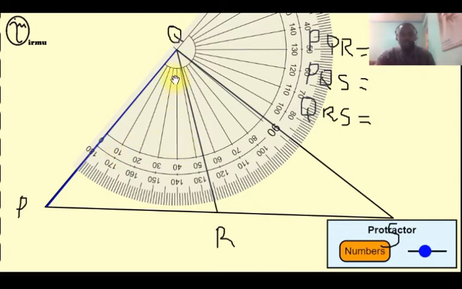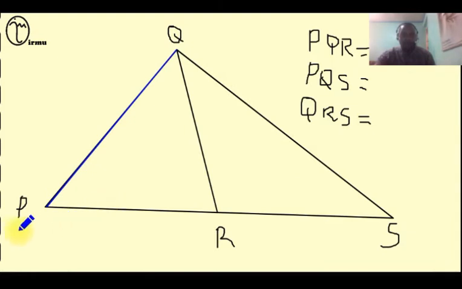So this is not the only way we can measure this angle, so I want to show you the other way. Remember we are measuring angle PQR. So PQR, I identify it again. It is this angle formed from P to Q and then to R. Now this time I want to use QR as the baseline. So I'm going to highlight QR.